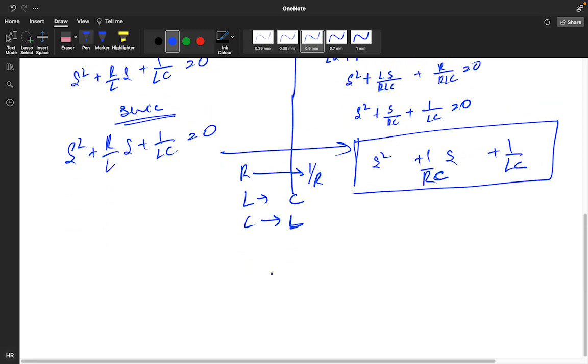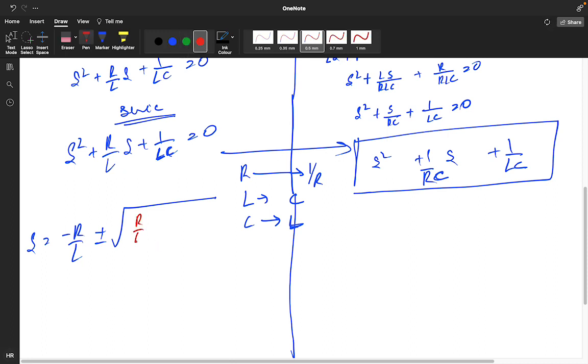So the series network is S square plus R by L S plus 1 by LC equal to 0, and the oscillation period is 1 by LC only. If you want to find the root of this equation, S is equal to minus R by L plus minus root under B square minus 4AC.